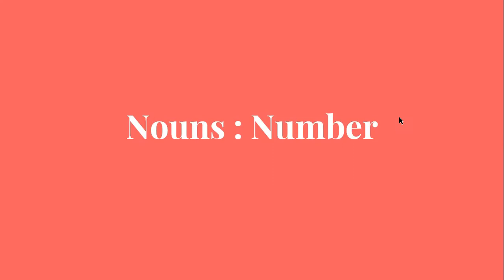So, based on numbers, we can classify nouns as singular and plural. A noun is singular if it refers to one person or one thing, and it is plural if it refers to more than one person or one thing.